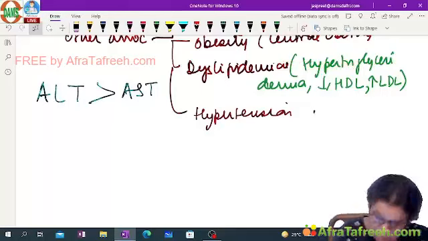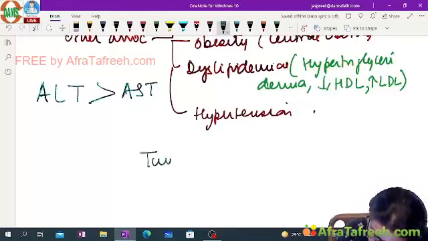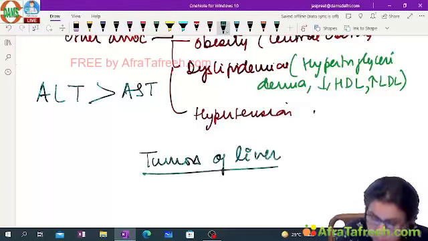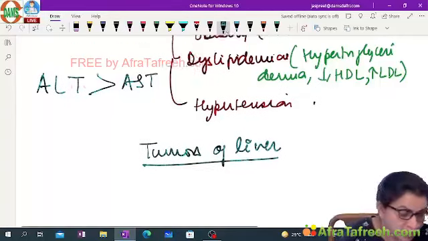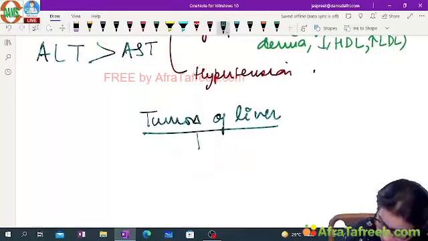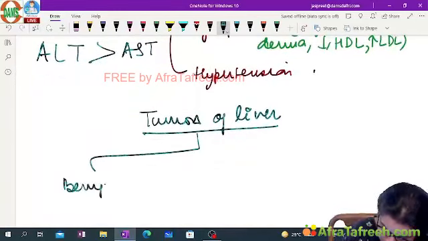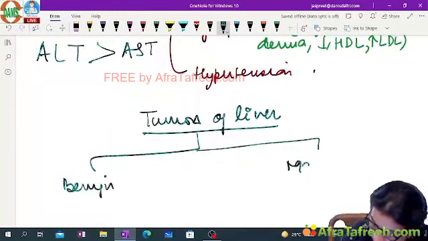Okay, coming to the next, let us look at tumors of the liver. Very important entity. In tumors of the liver, we have benign tumors and malignant tumors.